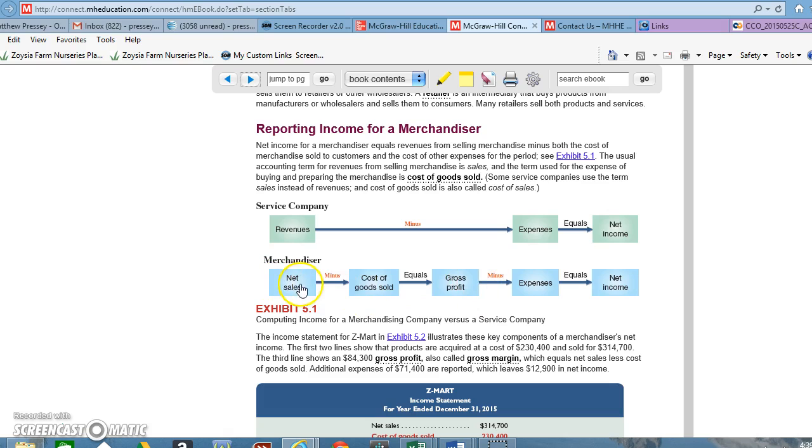It's the idea that the cost of goods sold is subtracted from total revenue to equal gross profit, and then you subtract your other operating expenses to come to net income. That's going to be something we touch on in one of the discussion questions this week. So pay particular attention to that, if you will.